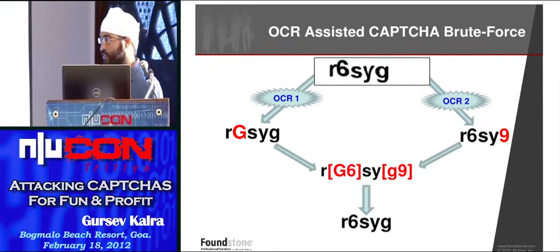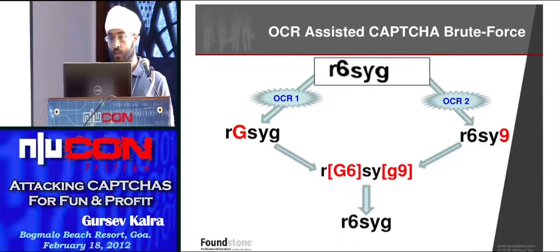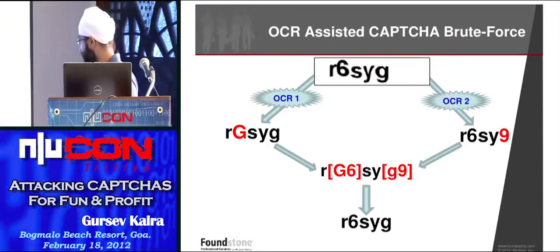This again would require those vulnerabilities to be present on live systems. If it's vulnerable to in-session brute force, in-session CAPTCHA brute force, or rewriting attack, you can reduce the brute force time a lot. Basically, you're just trying 3 or 4 OCRs, combining the results, testing them out, and coming up with the final result.